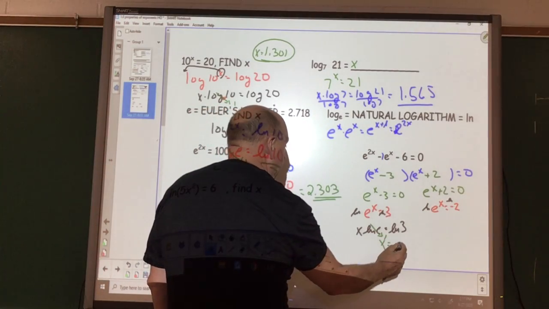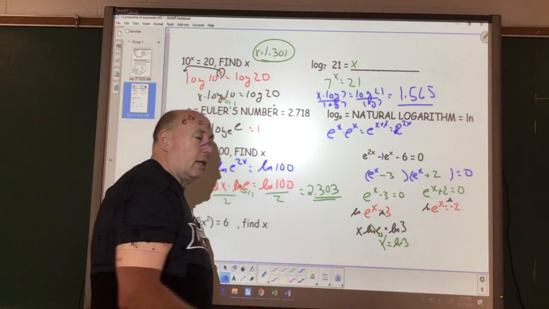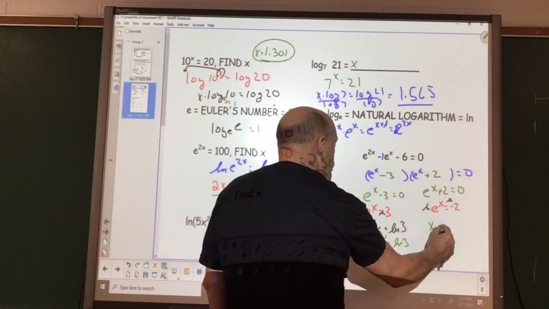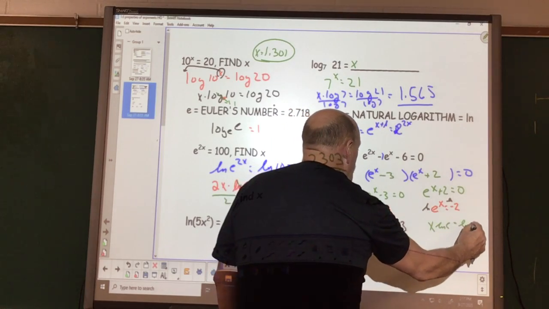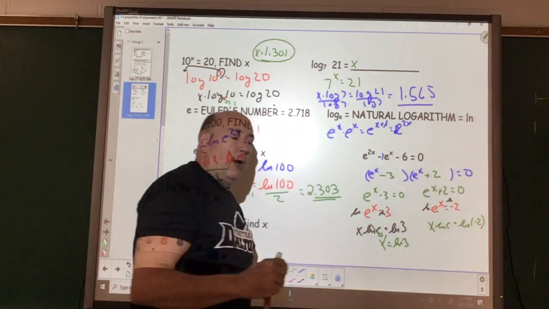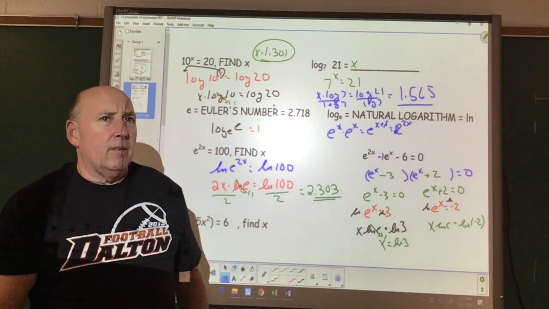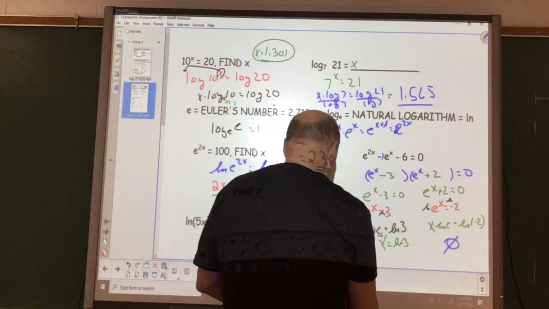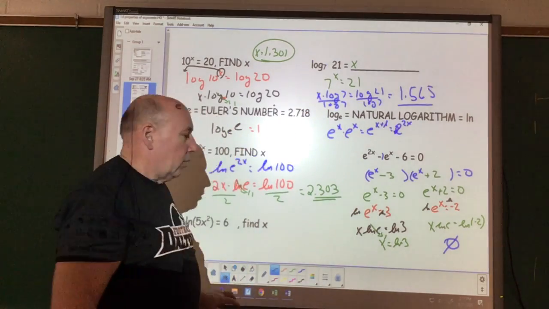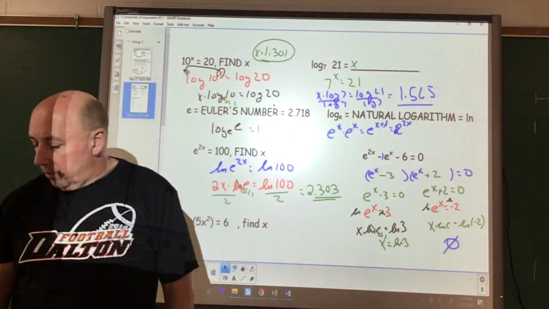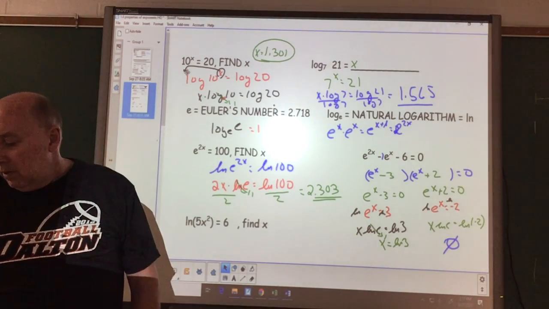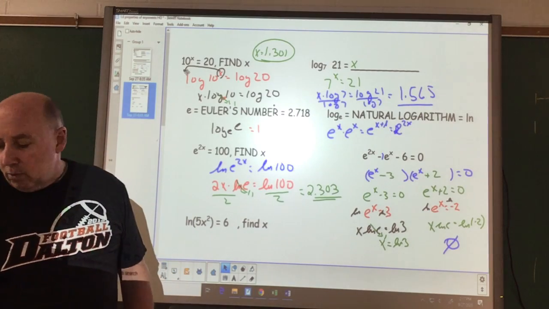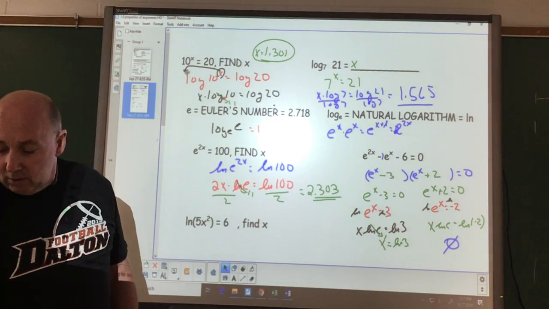So x is equal to ln of 3, which we can clickety-clack through our calculator. On the right-hand side, we have x ln of e is equal to ln of -2. But if we run that through the calculator, the ln of -2 is not going to work. So this gives us an empty set. So our only solution would be the ln of 3. 1.0986.